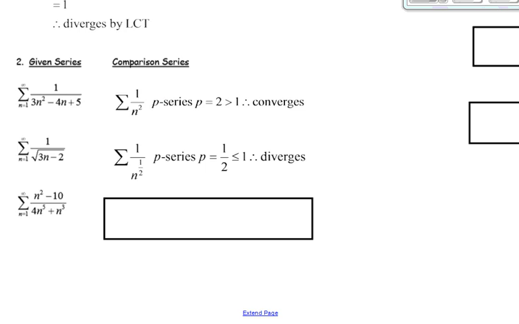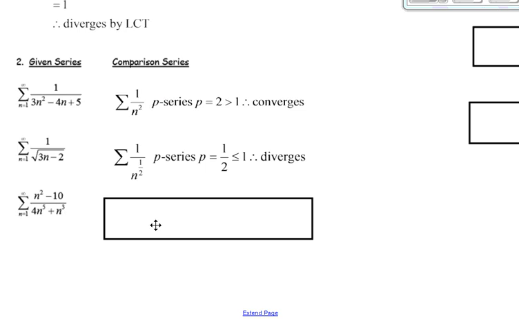Now, the last one is a little bit different. This is something that we can use the comparison test with, but in order to compare this, you have n squared in the numerator and n to the fifth in the denominator. Now, if we want a p-series, we can only have our n to the exponent in the denominator. So what you have to do is you look at the degree in the top and the degree in the bottom, and you simply apply those exponent rules there, and so that would end up being n cubed in the denominator if you subtract.